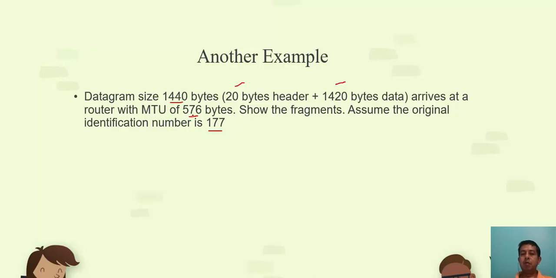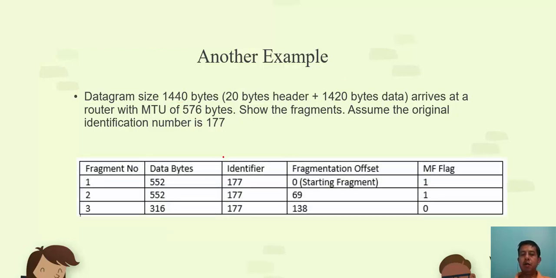So the MTU is 576 bytes. Now first I have to see how many fragments are required. You do all the mathematics and then you will find that 3 fragments are required. The MTU size is 576 bytes.